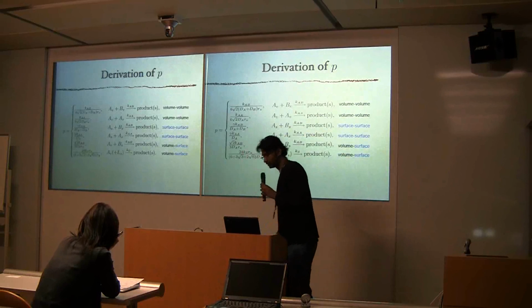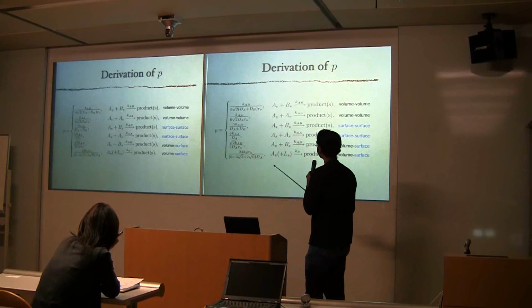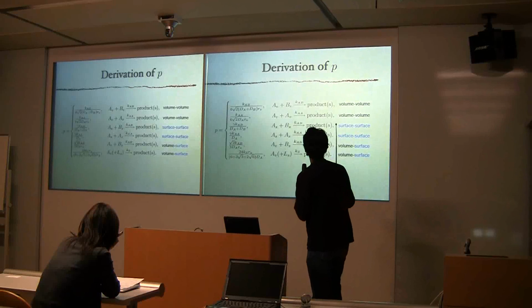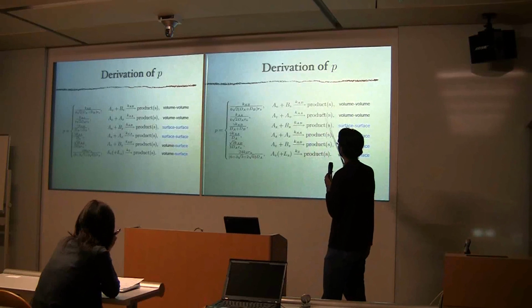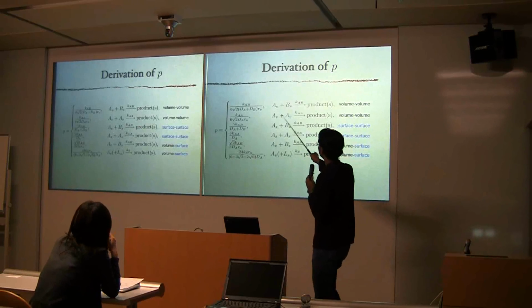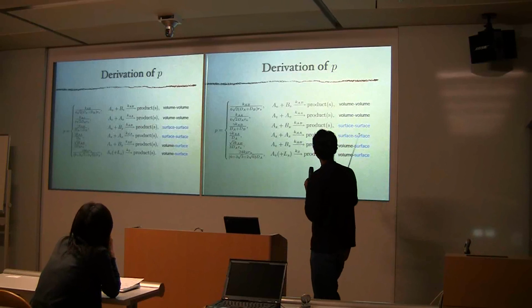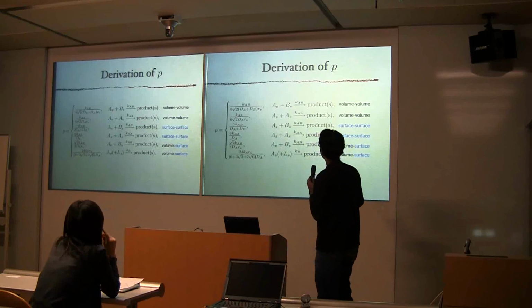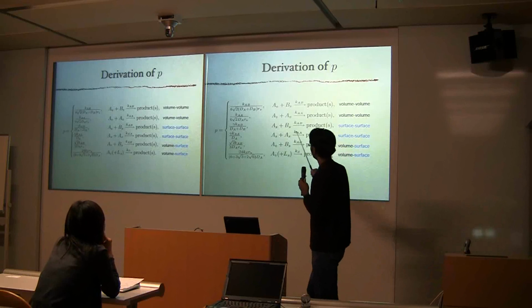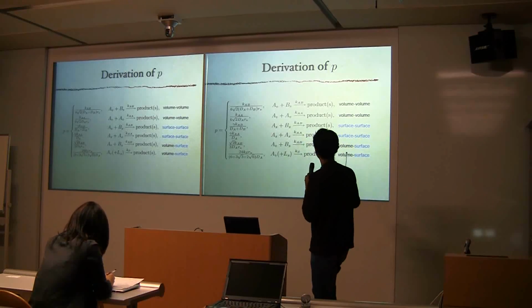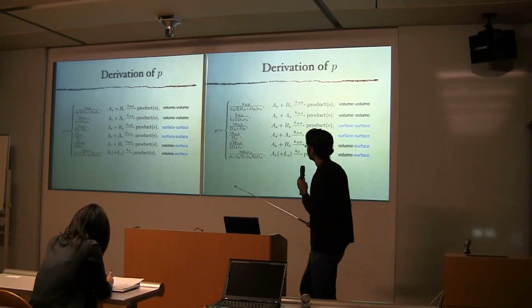So I derived the relationship between P and k for different kinds of reactions. For example, volume-volume reaction, for different kinds of molecules, for homodimerization, for surface-surface reactions, and for surface reactions that involve homodimerization, and for intercompartmental reactions such as volume-surface reactions.